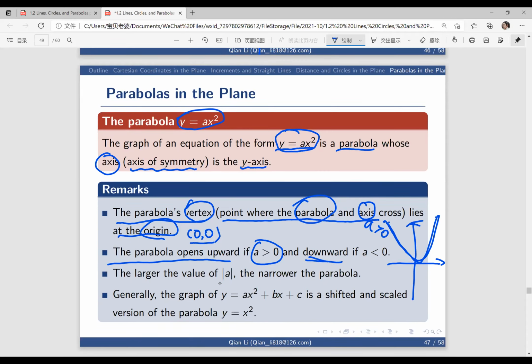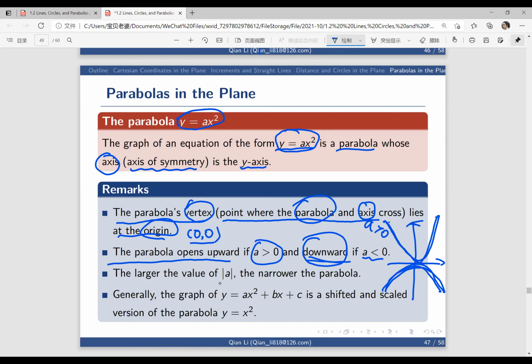And downward means a is smaller than 0. If there is a parabola like this, we call this parabola open downward. Okay.